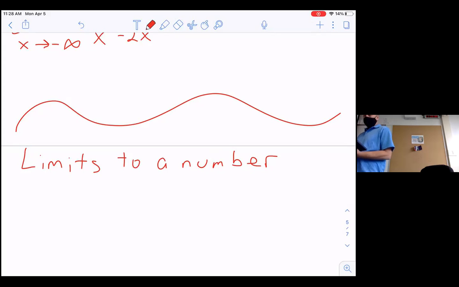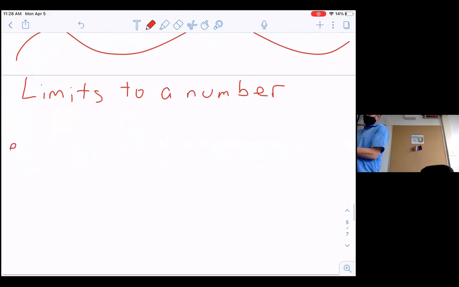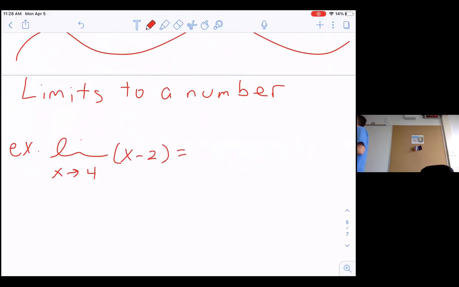So for example, let's say we wanted to start our first example. We want to find the limit as x goes to 4 of x minus 2. So what I'm saying, the difference is, we're going to a number, 4, we're not going to infinity or negative infinity.